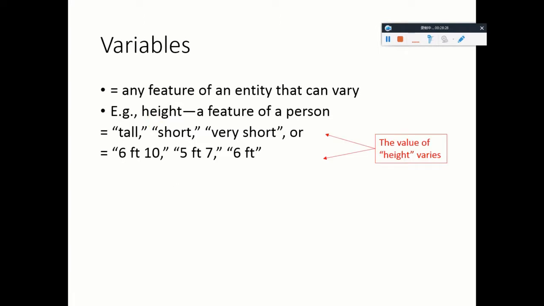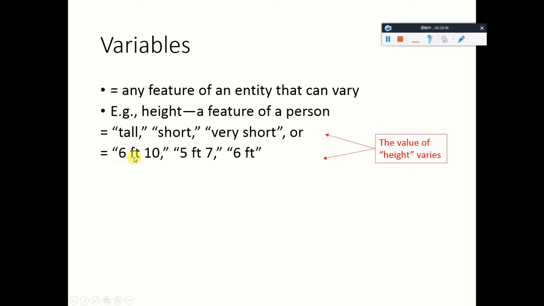So when we provide specific descriptions to the change, a person's tall, short, very short, person 6 feet 10, a person is 5 feet 7, person 6 feet. Whenever we're describing these concrete descriptions of the change of a feature of a concept, we're talking about the values of a concept, right?